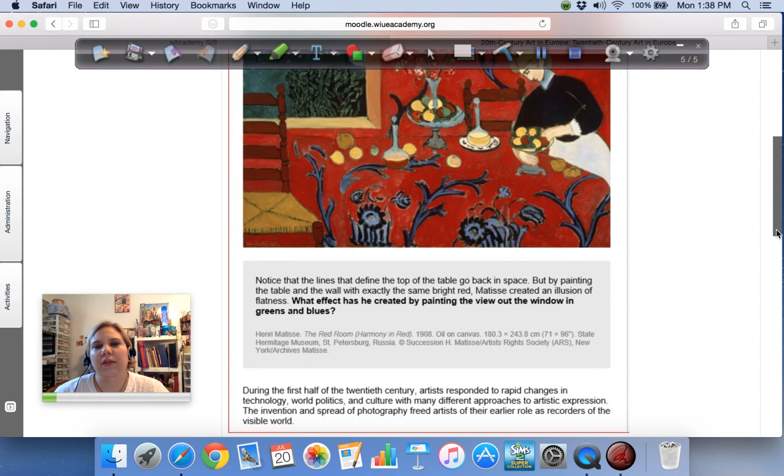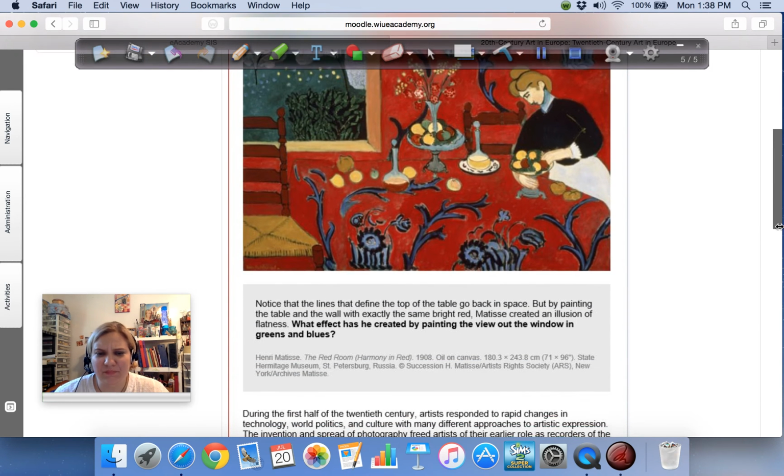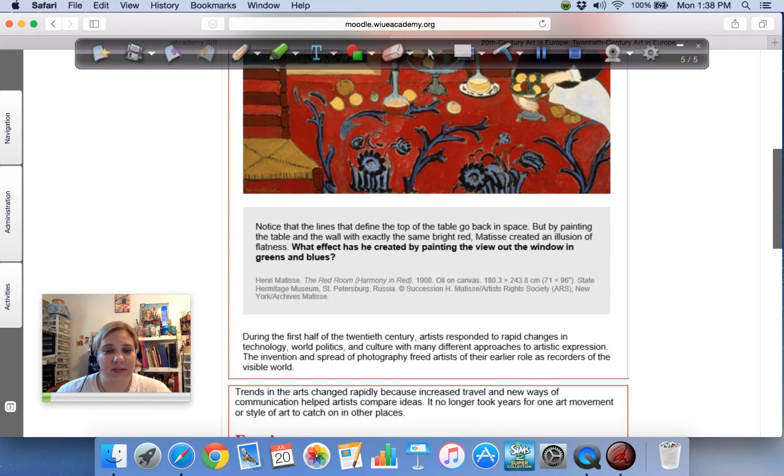When we're talking about the 20th century art in Europe, let's first talk about the first half, from 1900 to 1950. The text here is saying there were rapid changes in technology. Photography became widespread, there was world politics, two world wars, World War One, World War Two, and cultures changed.